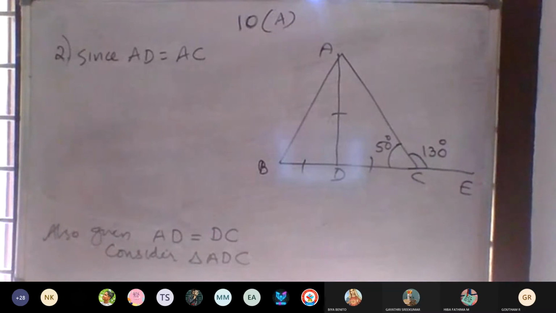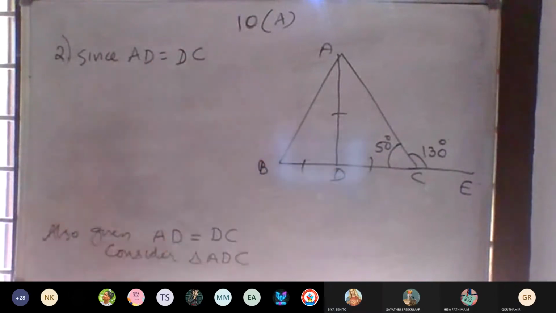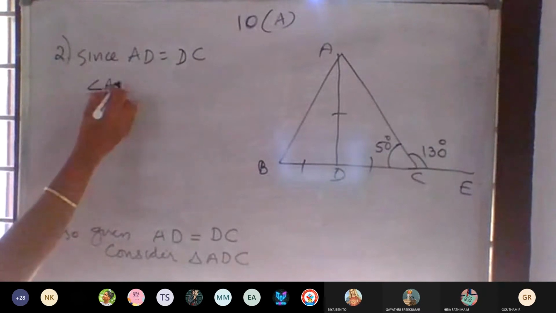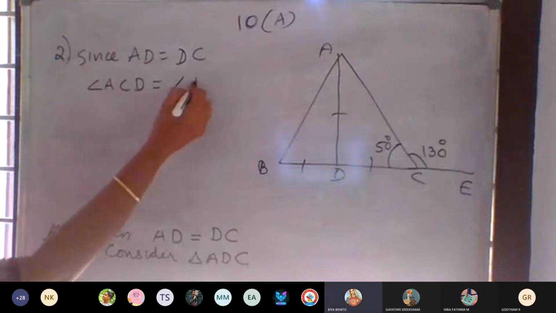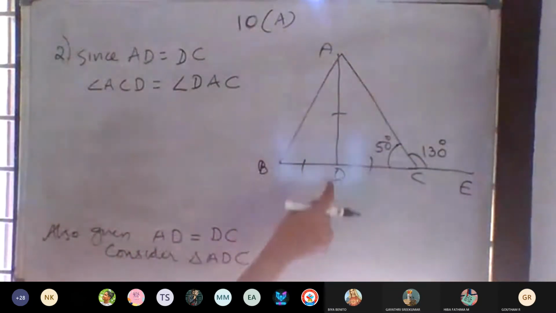Since AD is equal to DC, what can we write? Angle DAC is equal to angle ACD. AD is equal to DC, so angle ACD is equal to angle DAC.